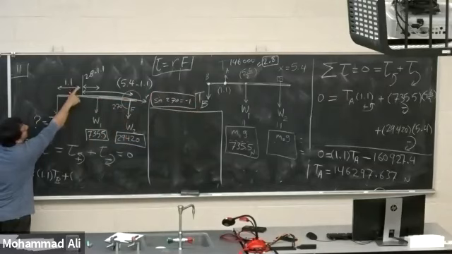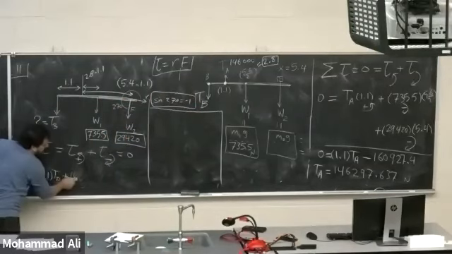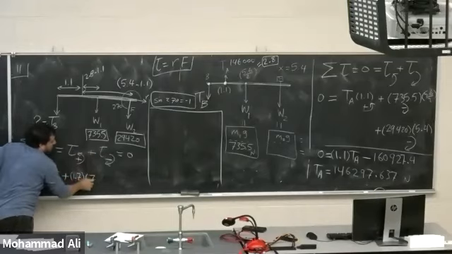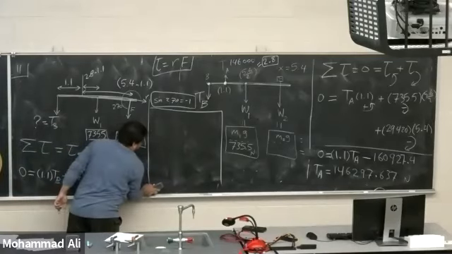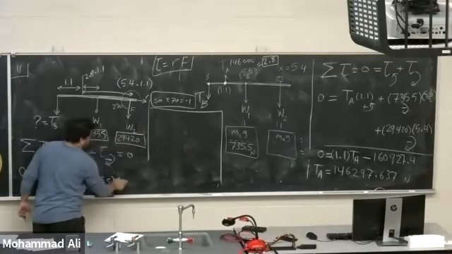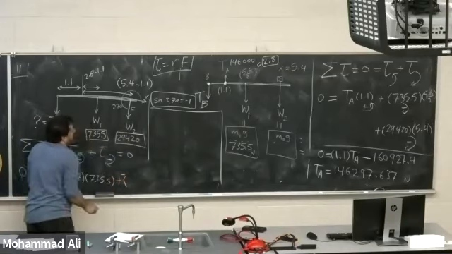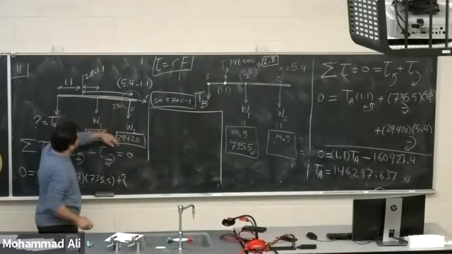So we have R here is 1.7 multiplied by this force, 735.5, plus, we have a minus sign, remember that, because we have clockwise.